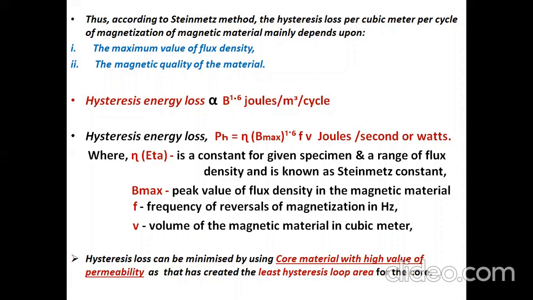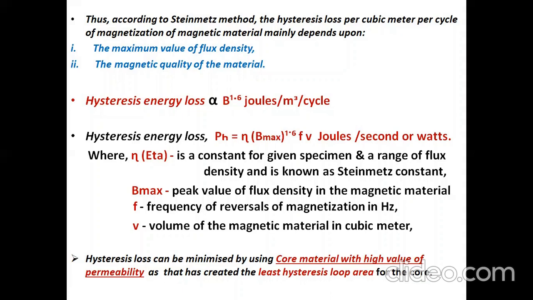Bmax is the peak value of the flux density in the magnetic material. F is the frequency of reversal of magnetization in hertz. V is the volume of the magnetic material in cubic meters.